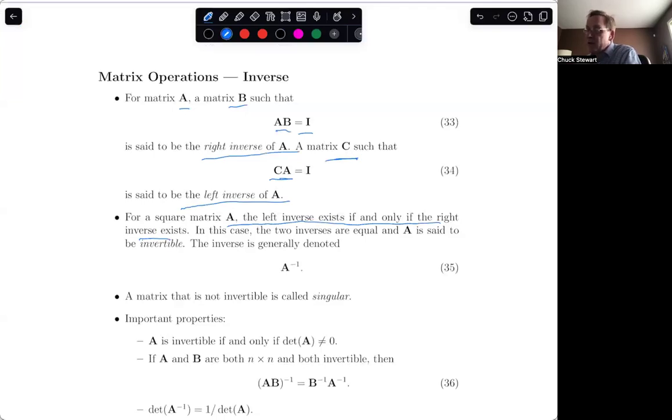The left inverse exists if and only if the right inverse exists. And in this case, they're equal, and A is said to be invertible.